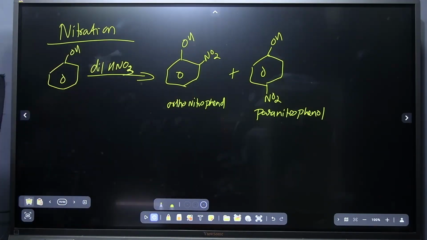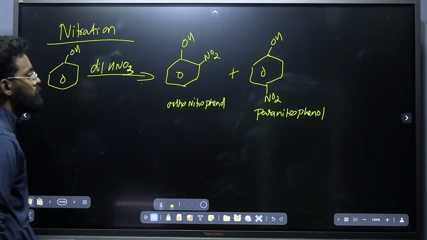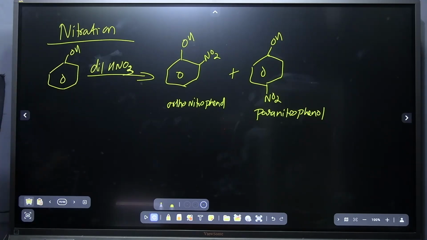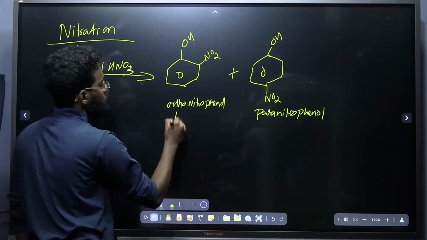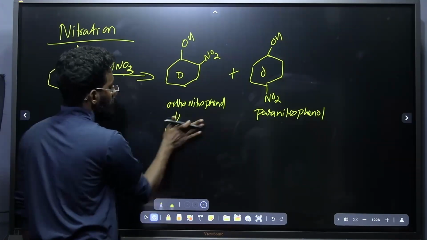That is another question. Which is the major one and which is the minor one? Normally we will be thinking that para is going to be the major one, but here ortho is the major one.